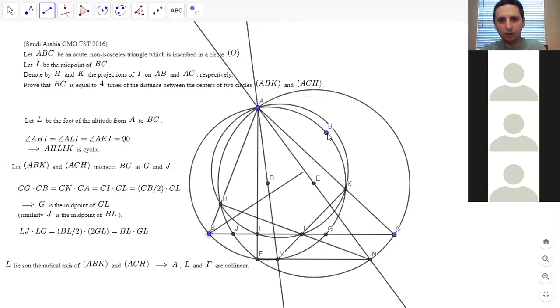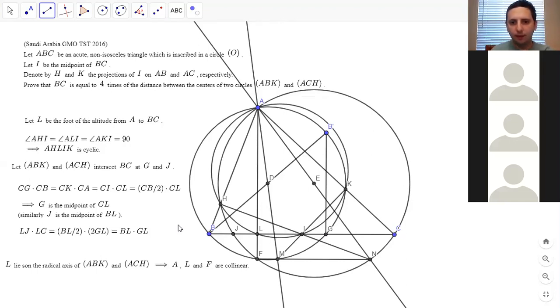Yes. And B prime G. Let's see. So we have DE is parallel to BC. And D is the midpoint of the side BB prime.